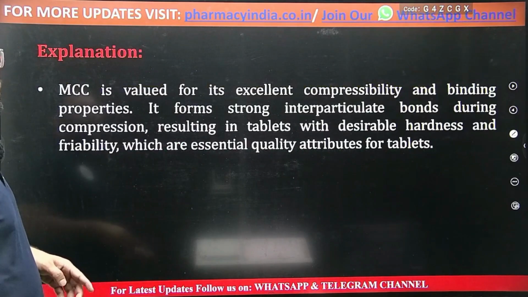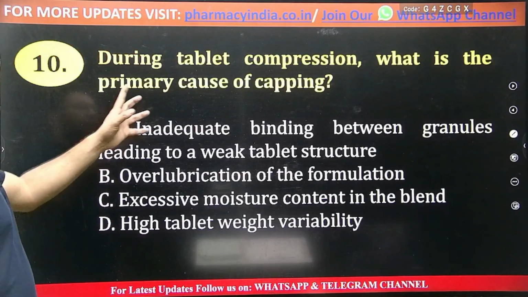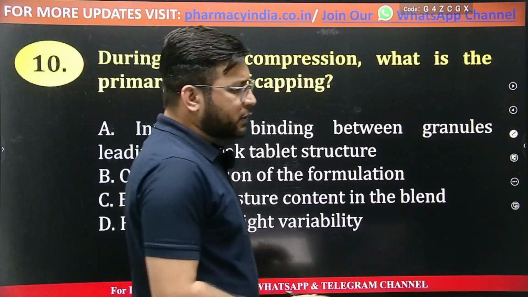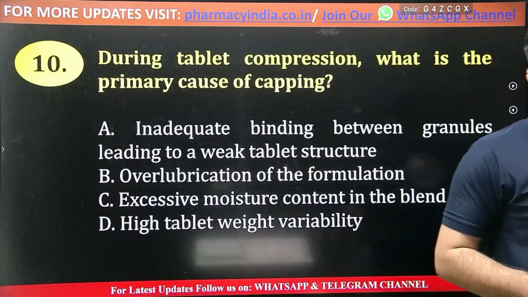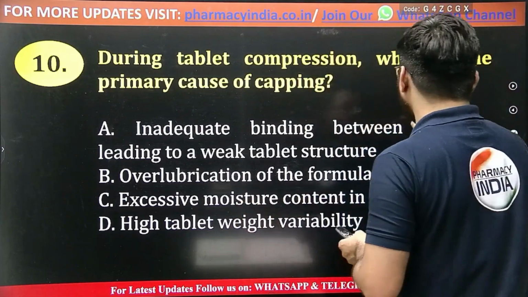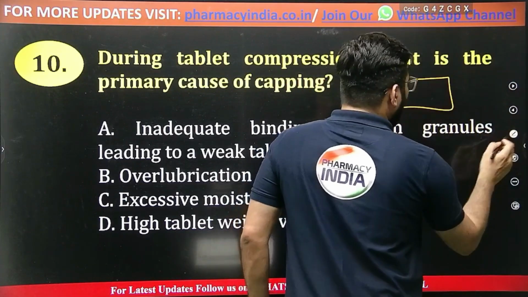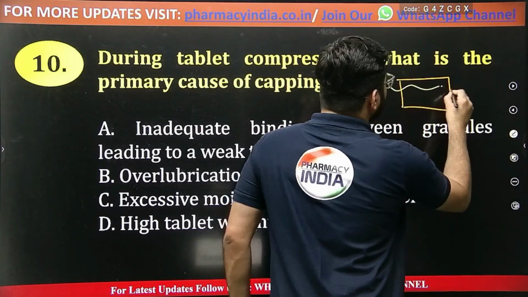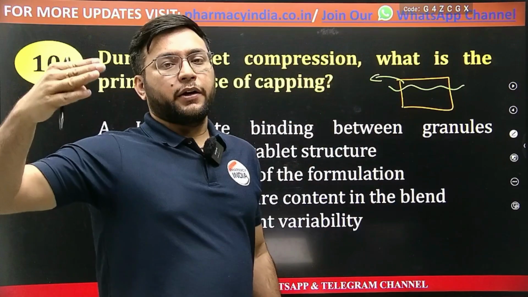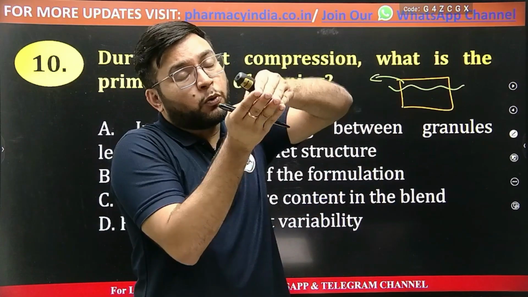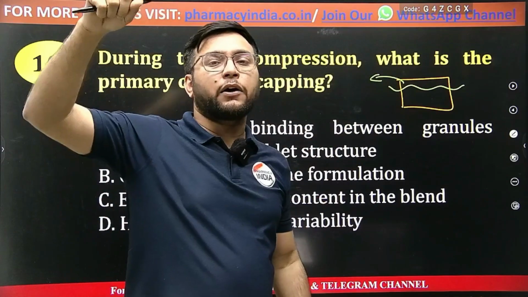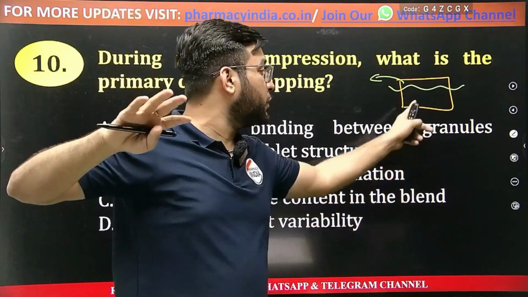Okay. Now next question is, during tablet compression, what is the primary cause of capping? What do you understand by capping? Capping means partial separation, when the tablet divides into two parts, or the upper part or the crown of the tablet separates from the main body or lower part.